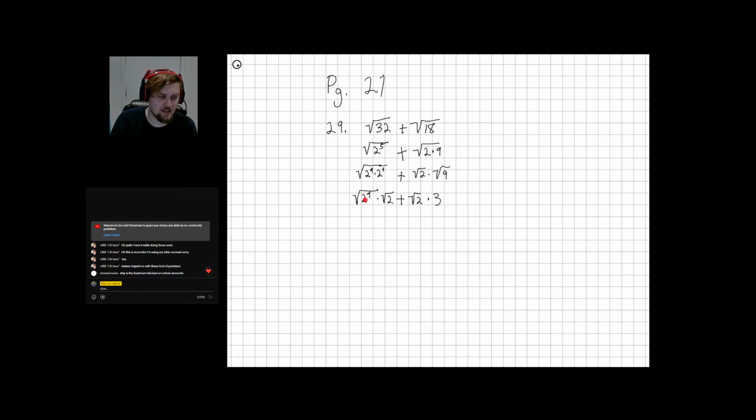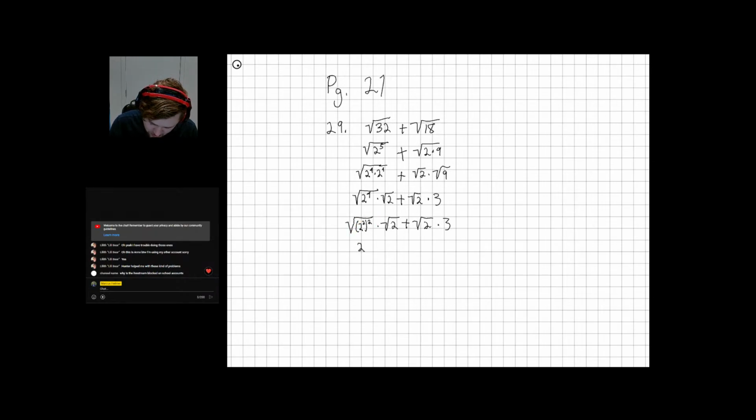But I can simplify this as well, because this is just the same as 2 squared squared, and that's going to cancel with the square root.